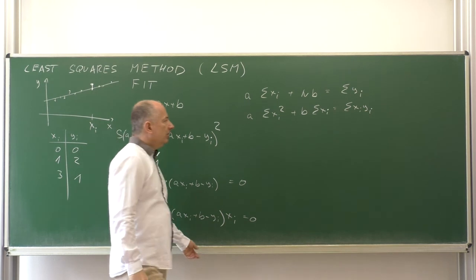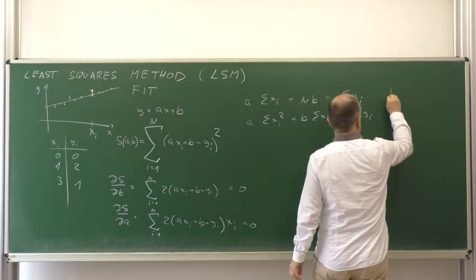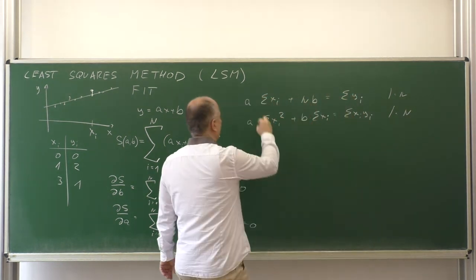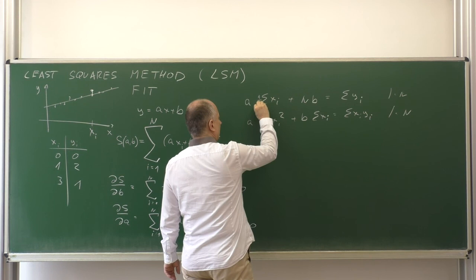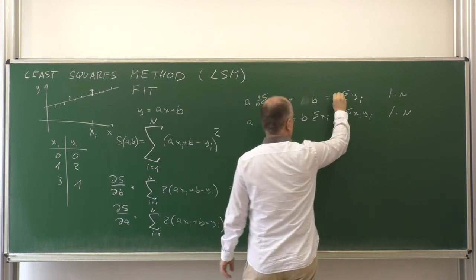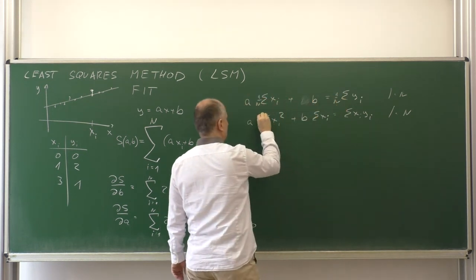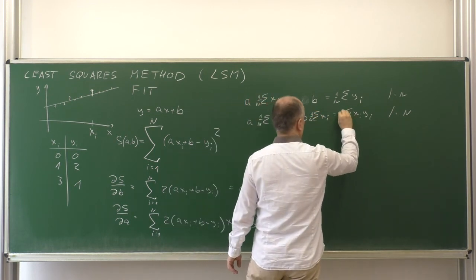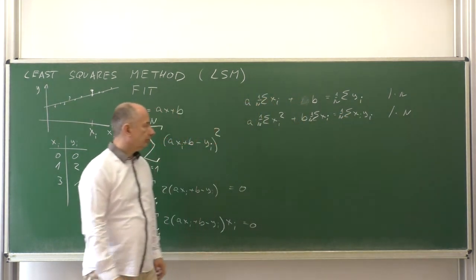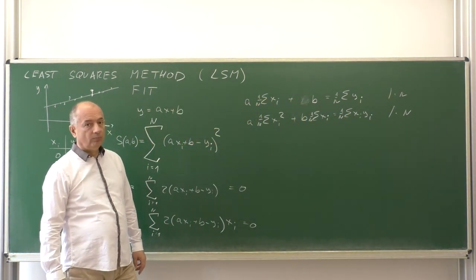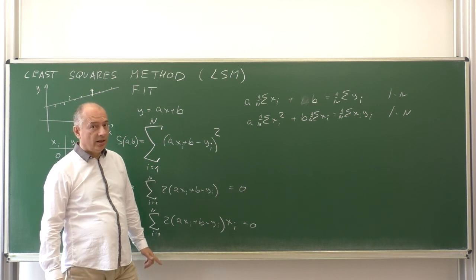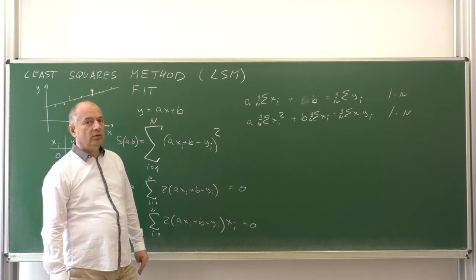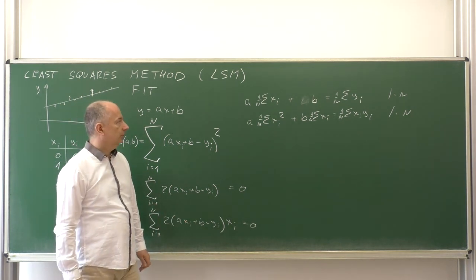Well, and now when we divide by N, we can write it this way: 1 over capital N, 1 over capital N, 1 over capital N, and 1 over capital N. And we are only one step away from a very nice, very easy form of this system of equations.